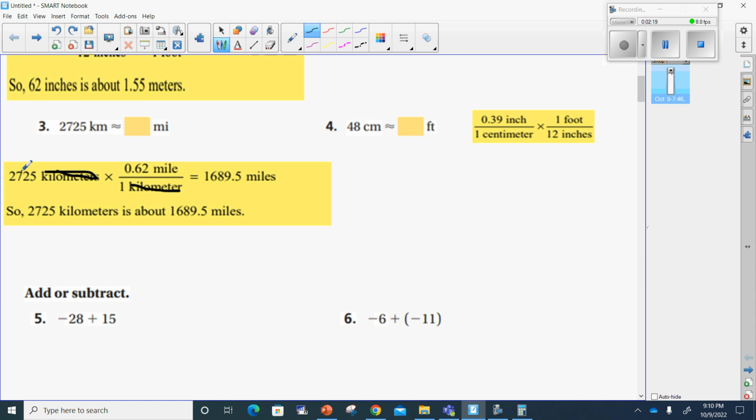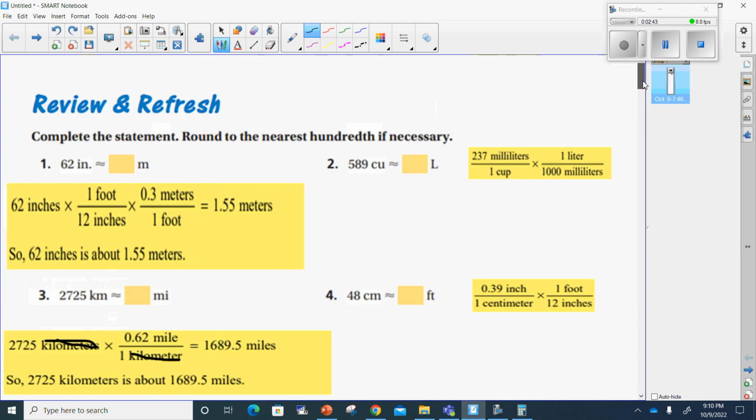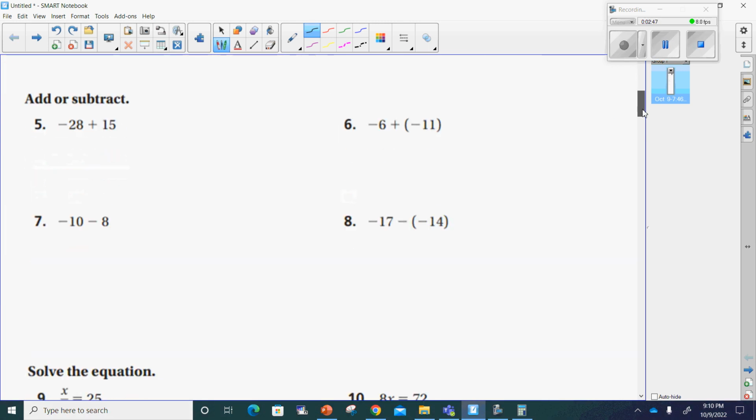Now this is going to be 2,725 times 0.62. When I get that, I'm going to get 1,689.5 miles, because that's the only thing left. All right, so that tells me 2,725 kilometers is about 1,689.5 miles. As I said, I left the conversions you needed for 2 and 4, so good luck with them.